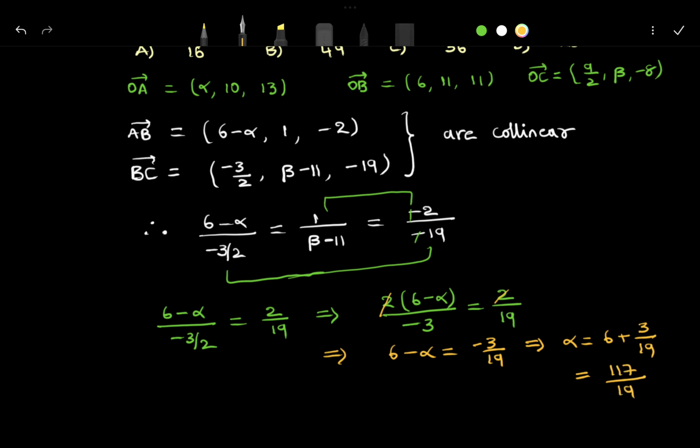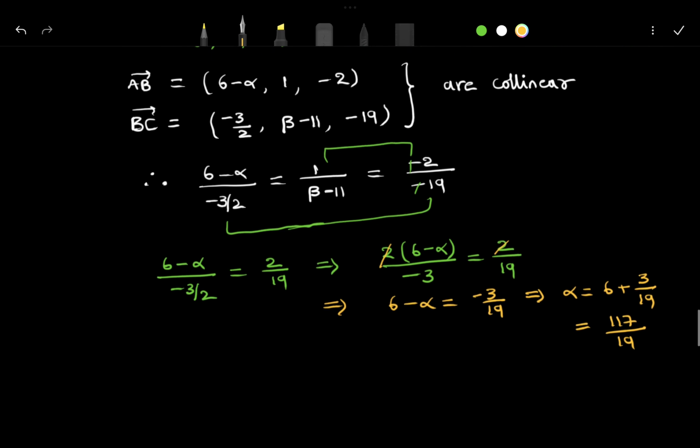Similarly, by equating the second ratio and the last ratio, beta minus 11 is equal to 19 by 2. So beta is equal to 11 plus 19 by 2, which by calculating equals 41 by 2.